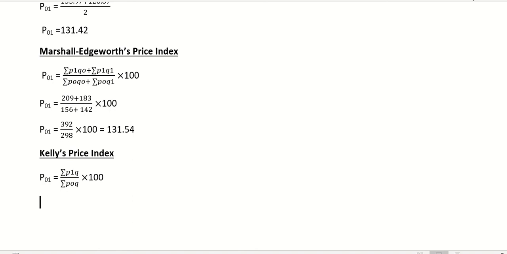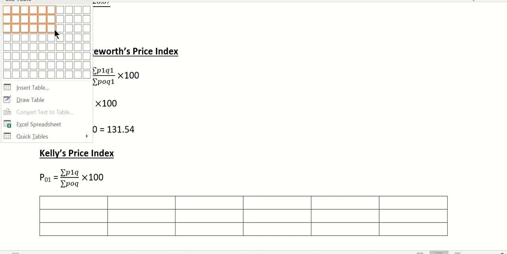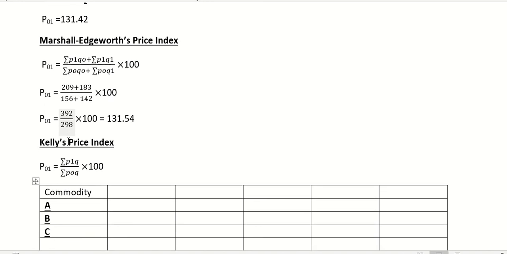I'll just show you with the help of an example. So here we have commodity. Commodity is A, B, C, and D.